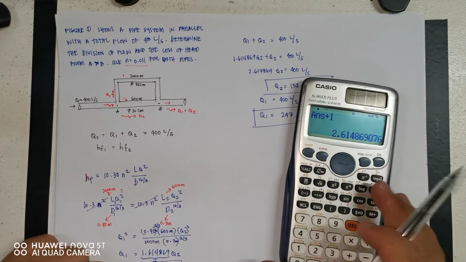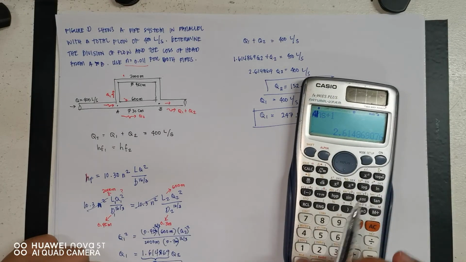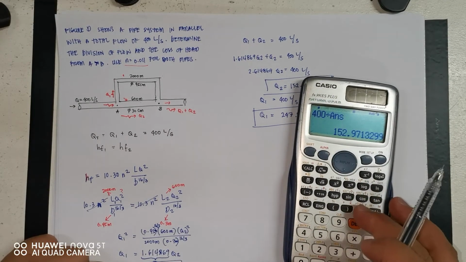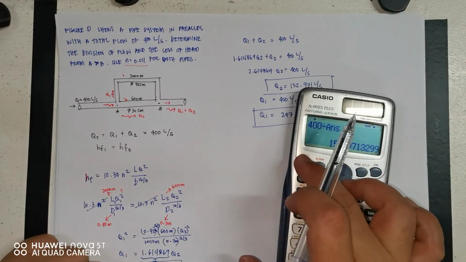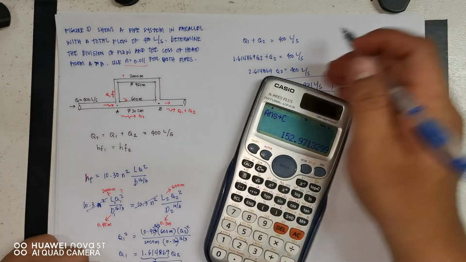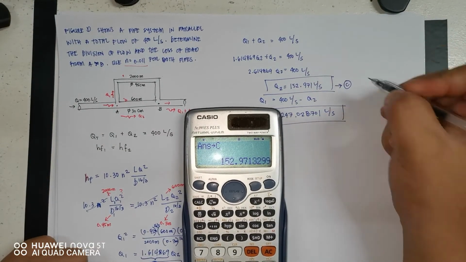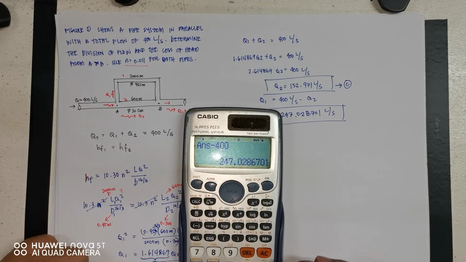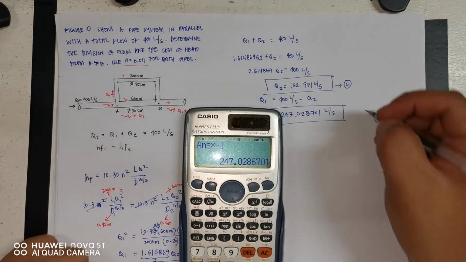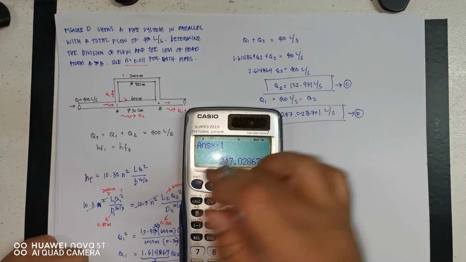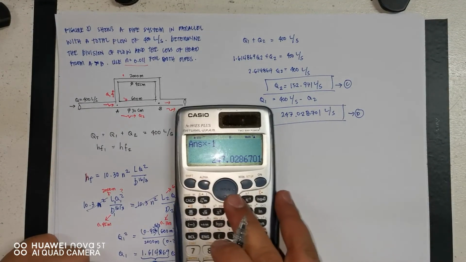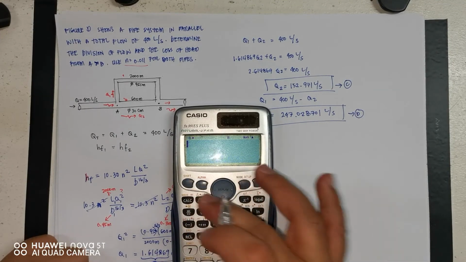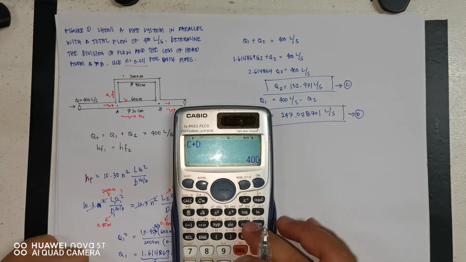That will give us 400 divided by answer, 152.917. Ito yung save natin sa C. Save natin siya sa C. And then minus 400 times negative 1. This will give us ganyan, shift store D. So alpha C plus alpha D is equal to 400.